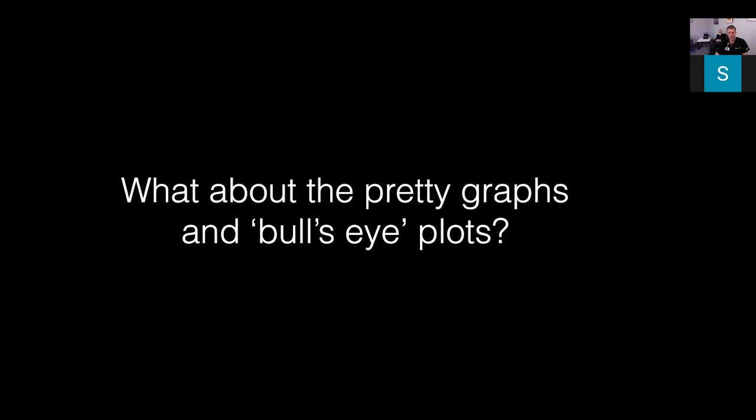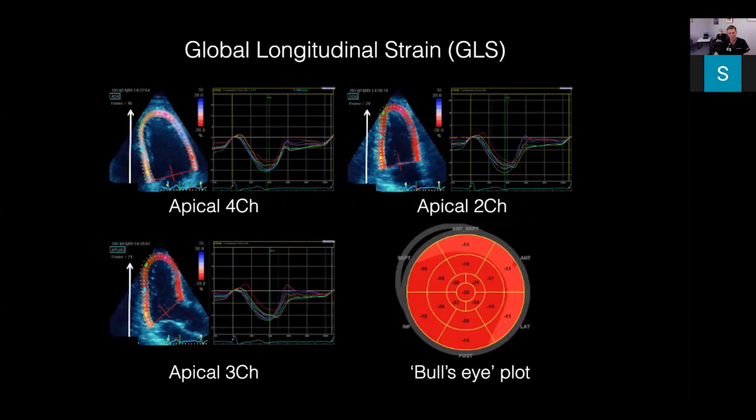Everyone's probably going to recognize these bullseye plots that we're starting to see as well. And that's based on longitudinal strain. So longitudinal strain is the most commonly researched. It's the one that's most commonly imaged. It's the one that is in the mainstay of cardiology literature, for things just like I explained.